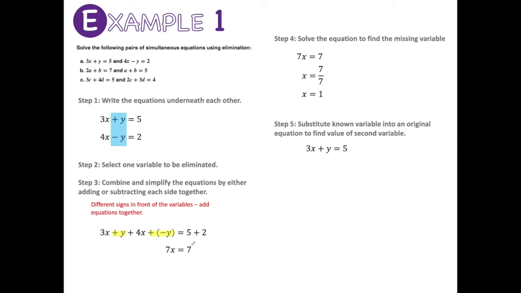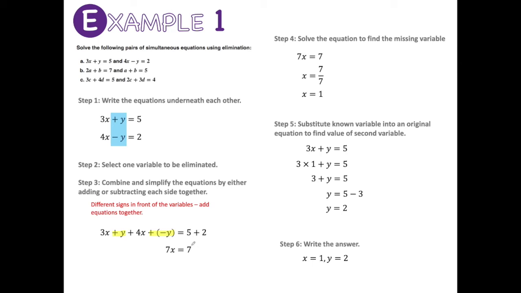Substituting in my value for x, 3 times 1 plus y is equal to 5. So 3 plus y is equal to 5, so y is equal to 2. Now that I've got a value for x and a value for y, I can write my solution: x equals 1, y equals 2.